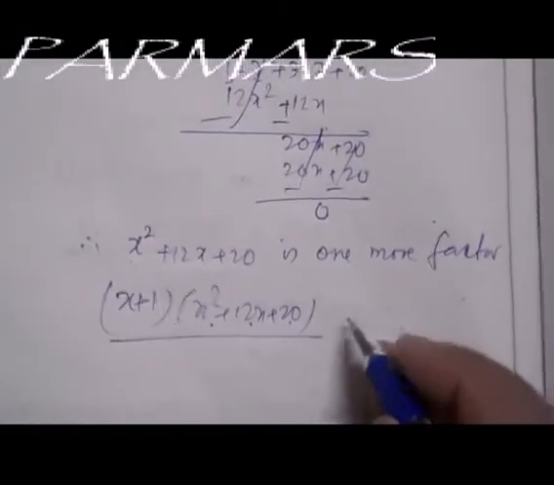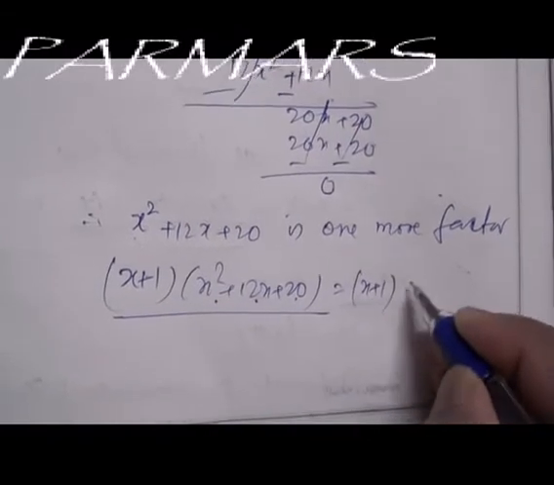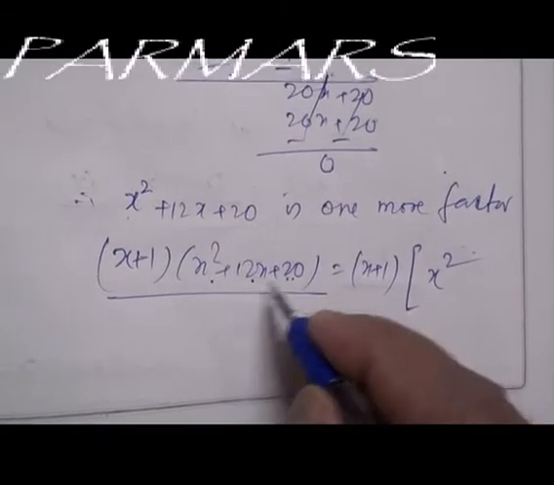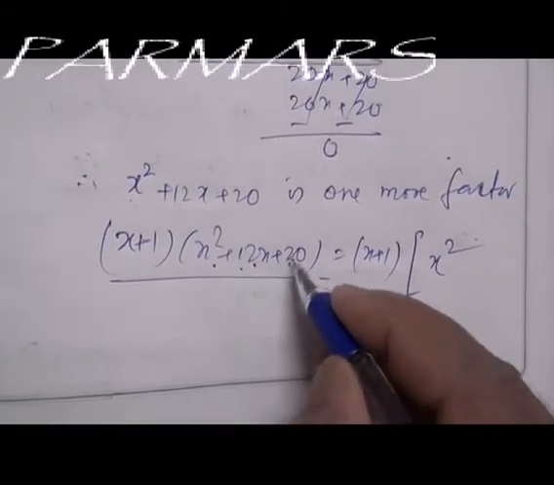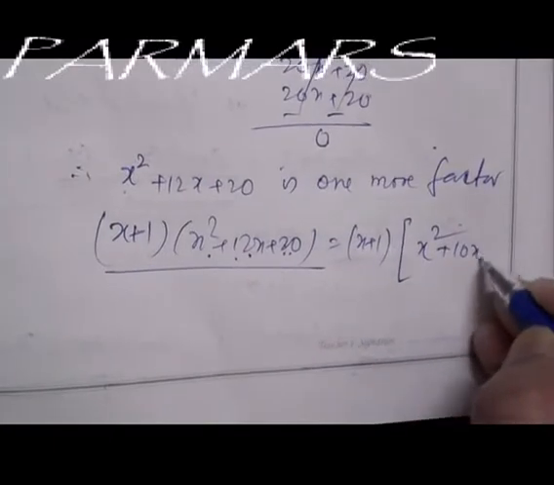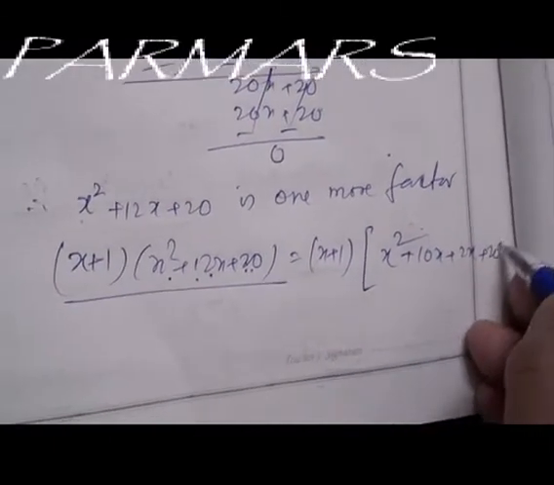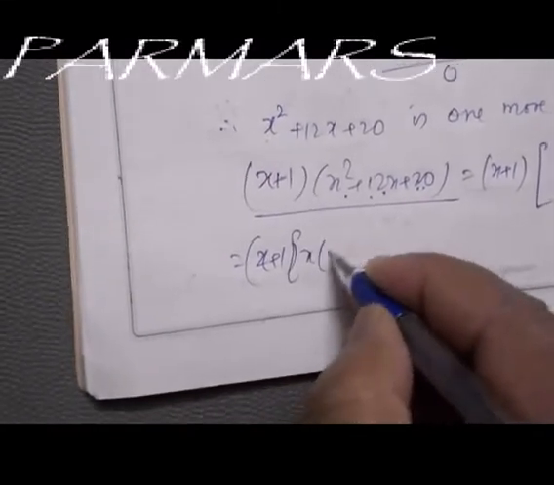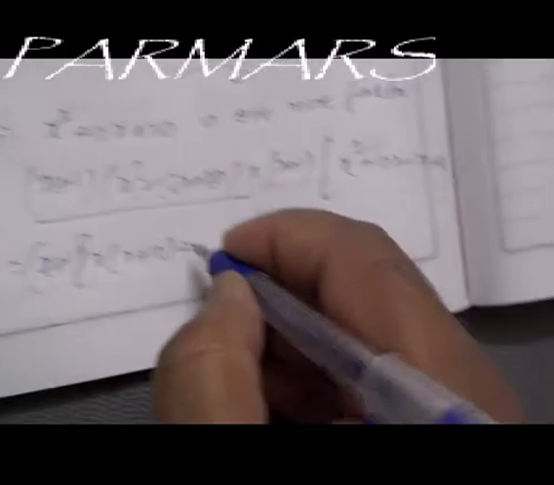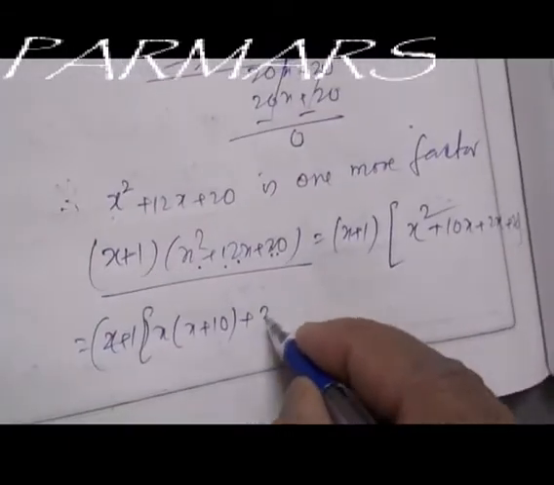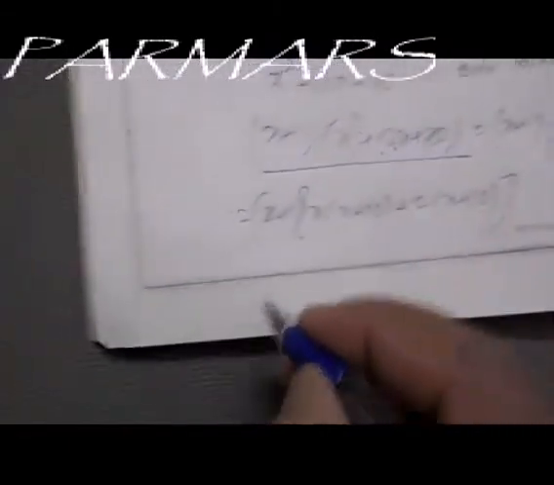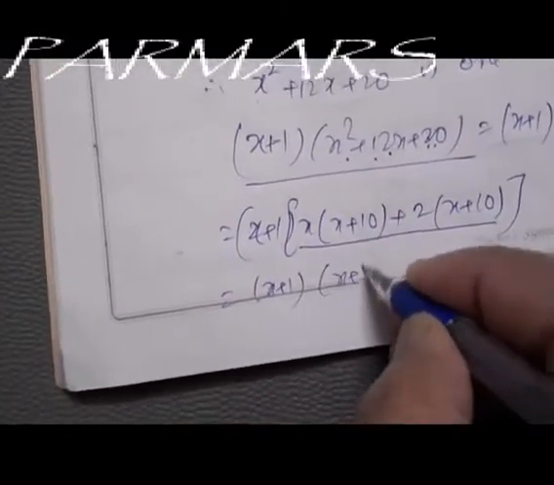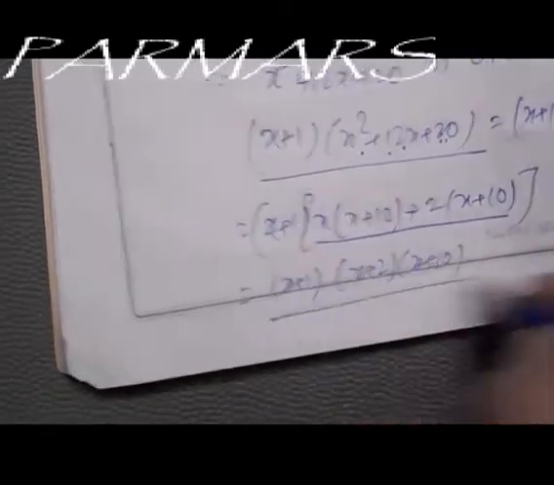Here we can do it by splitting the middle term. x 20 का दो फैक्टर जिसका सम 12 हो जाए. 10 plus 2, clearly 10x plus 2x plus 20. x कॉमन लिया पहले 2 से, 2 कॉमन लिया पहले 2 से, लास्ट 2 से, तो we have obtained x plus 1. From here it is x plus 2 into x plus 10.